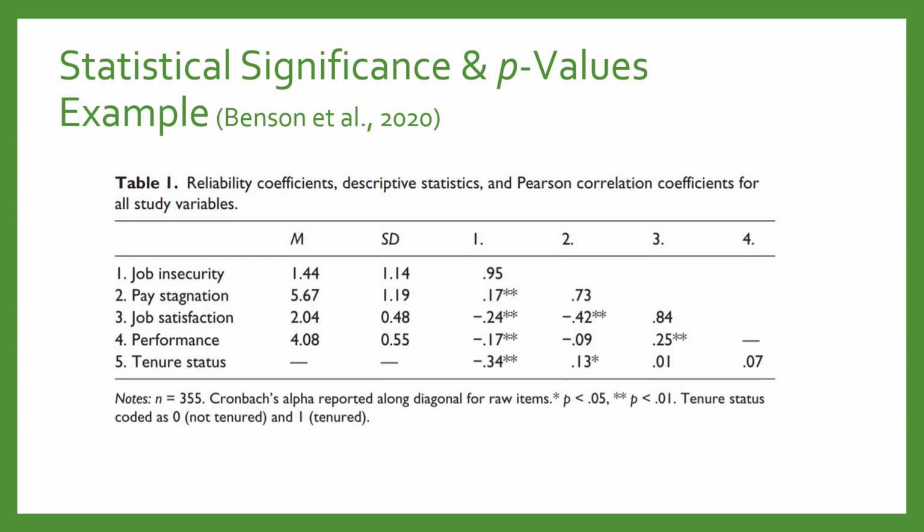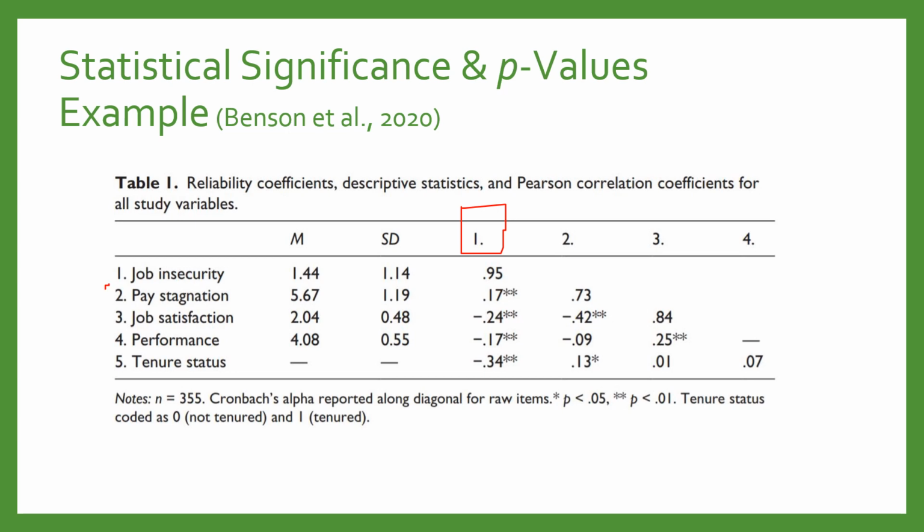So take a look at the stars in the table. See those numbers with stars, and those are correlation coefficients. You see your mean there, your standard deviation, and then those 1, 2, 3, 4. That corresponds to the variables on the left, and we're looking at a correlation table here. And just as a refresher, to read a correlation table, you find where two variables cross, and then look at that relationship.